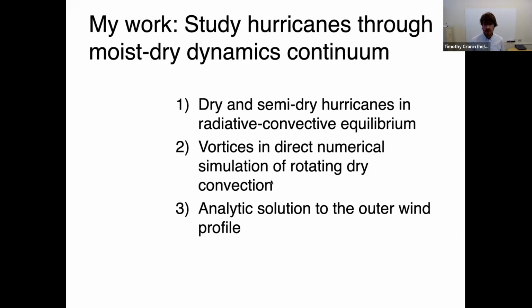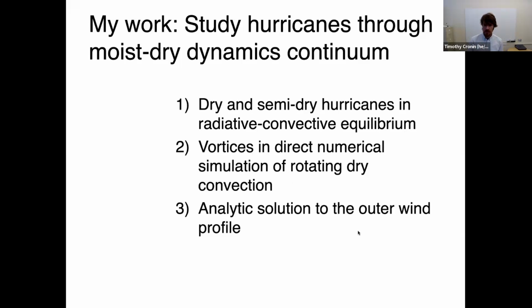Second, we've simplified this setup even further by looking at just the purely dry case and using direct numerical simulations to look at the vortices that form in rotating Rayleigh-Benard convection. And third, I may or may not get to this part today, but I've worked on solutions to a model of the outer wind structure of hurricanes that applies far away from the storm center, that exploits mass continuity constraints and is just based on dry fluid dynamics.